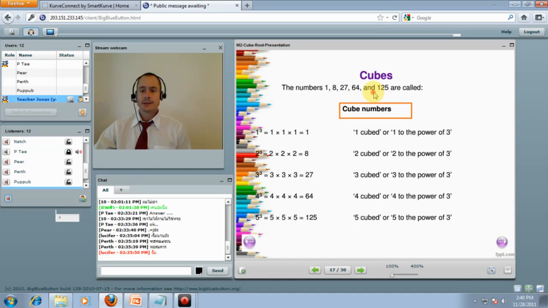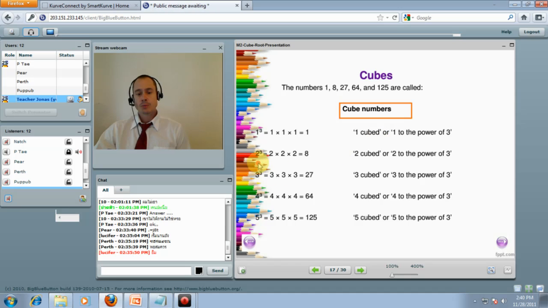So the numbers 1, 8, 27, 64 and 125 are called cube numbers. So you can call it 1 cubed, or 1 raised to the power of 3, or 1 to the power of 3. That is also called 1 cubed.